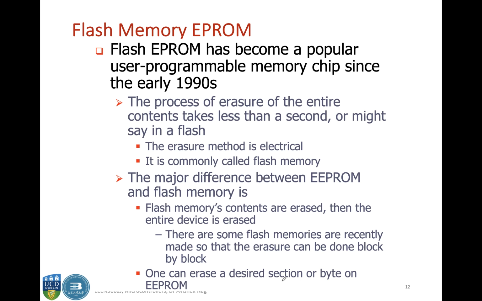The major difference between the regular EEPROM and the flash memory is that when the flash memory's contents are erased, the entire device is erased. There are some flash memories which are recently made so that the erasure can be done block by block, but generally speaking the entire contents are erased.